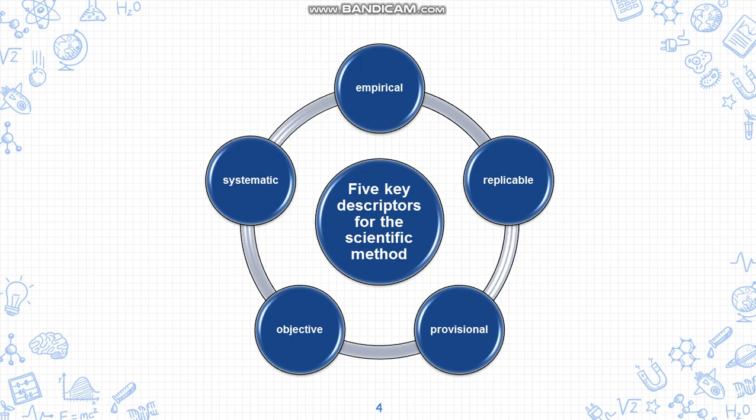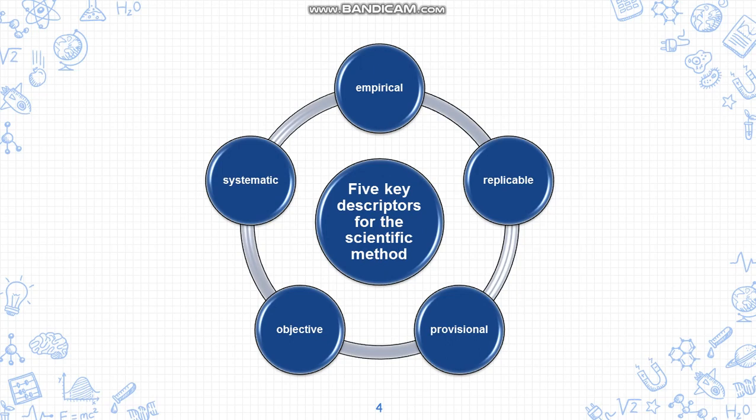It is empirical feature. Next one is replicable. It means that scientific experiments, if another person duplicates that experiment, he or she will get the same result. The same result.